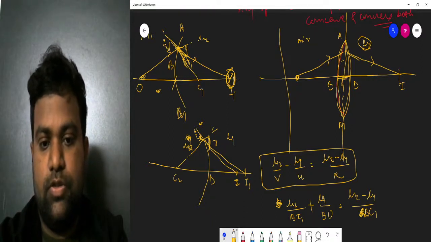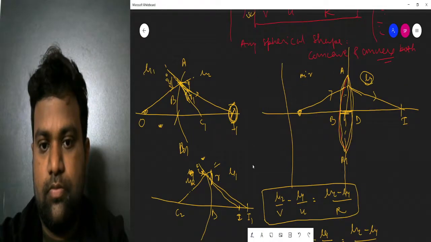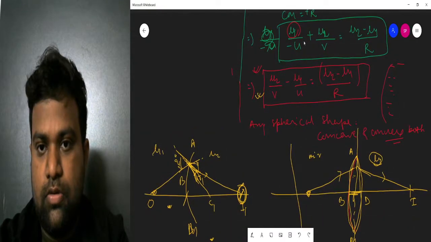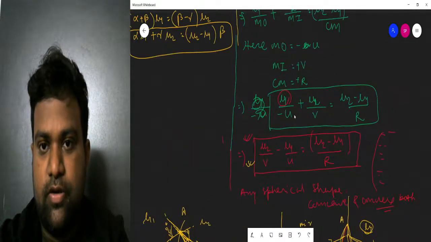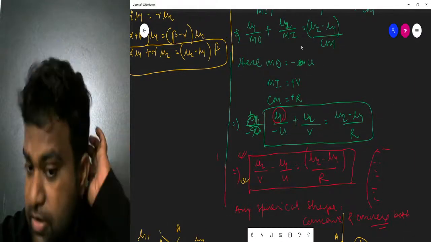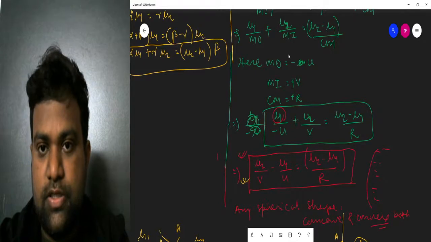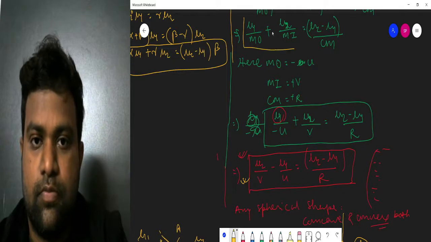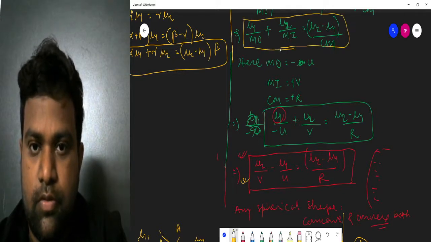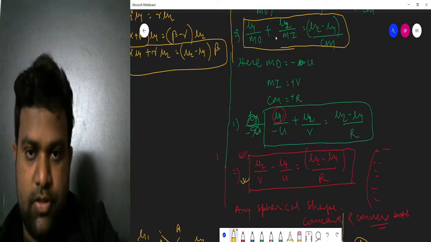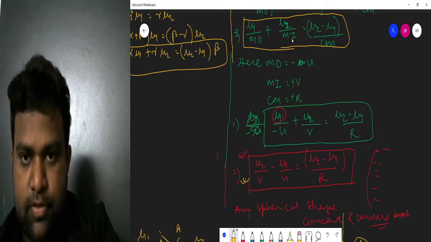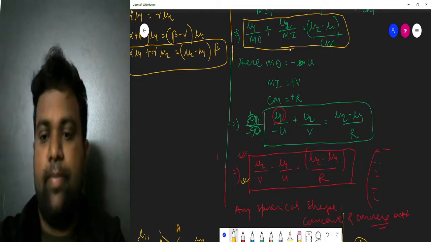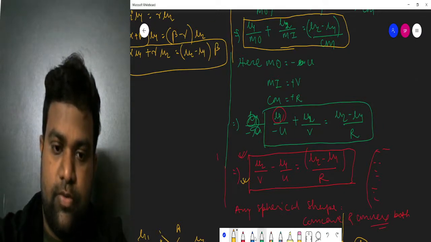You can see this one. This is what minus we got after using the sign convention, but this is without the sign convention. You can see this is your expression: mu 1 by BO, the object distance, minus mu 2 by BI, that is your image, equals mu 1 minus mu 2 by BC1, okay. So that one we have written.